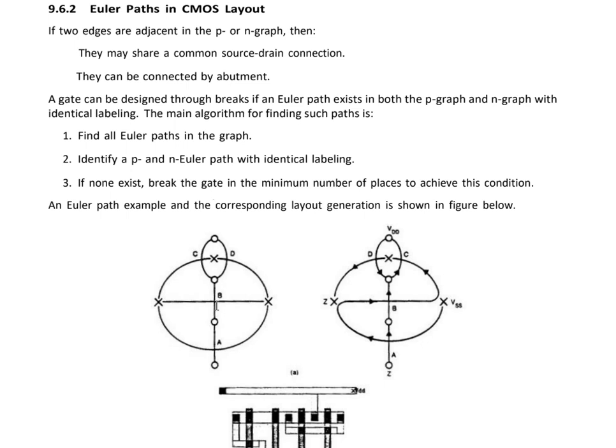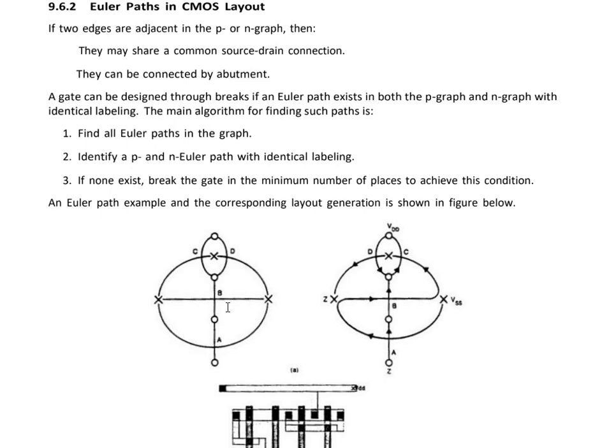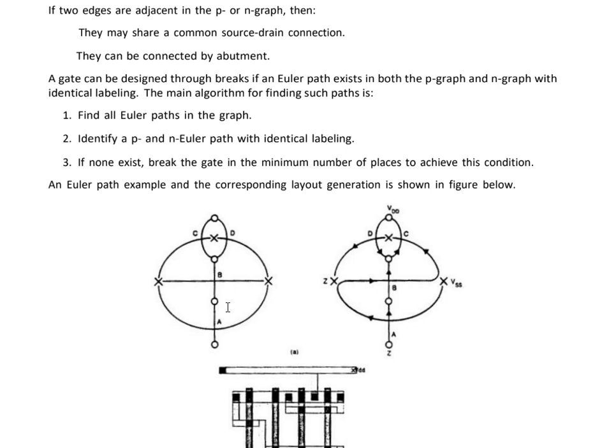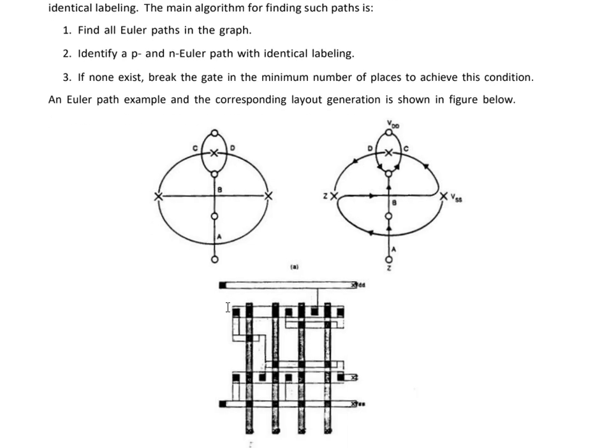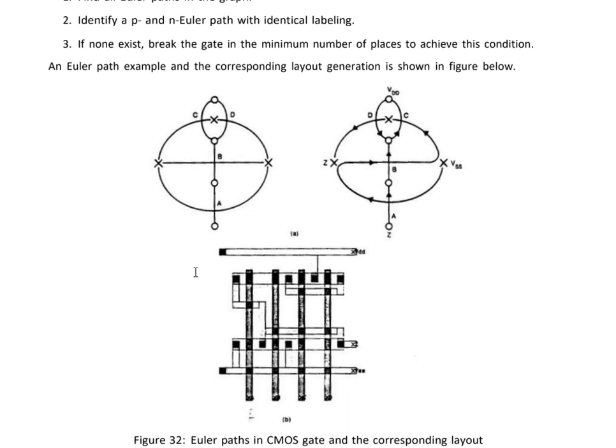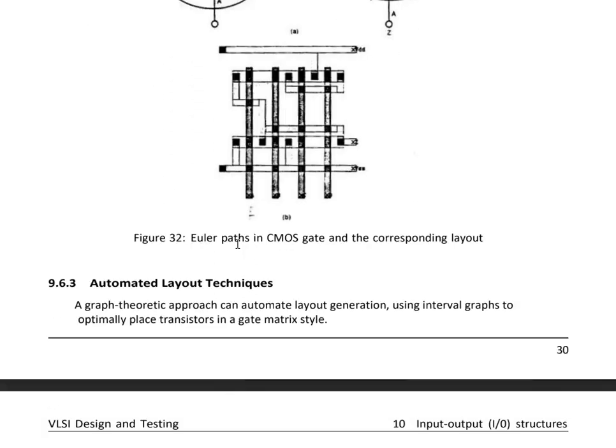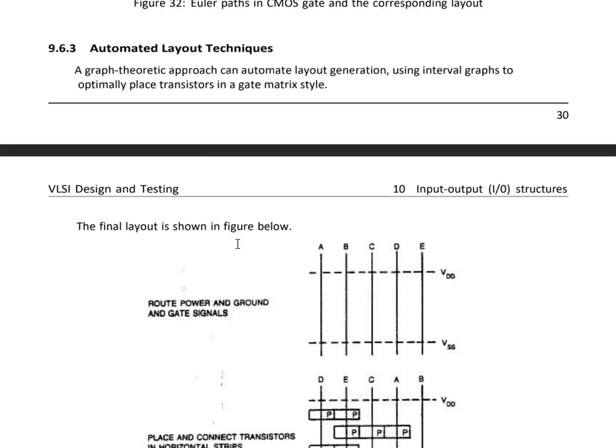So first you plot the points and then find the path. After that you identify the P and N Euler path, and if nothing exists common to both paths, you have to break the gate in the minimum number of places to achieve this condition. So this is how you represent the Euler's path in CMOS gate and its corresponding layout.